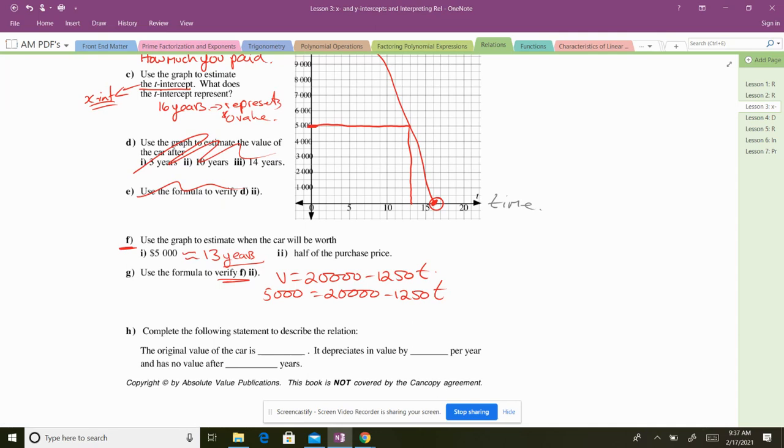You need to subtract the 20,000 from this side. And then subtract it from this side. 5,000 minus 20,000 is not 3,000. It's negative 15,000.